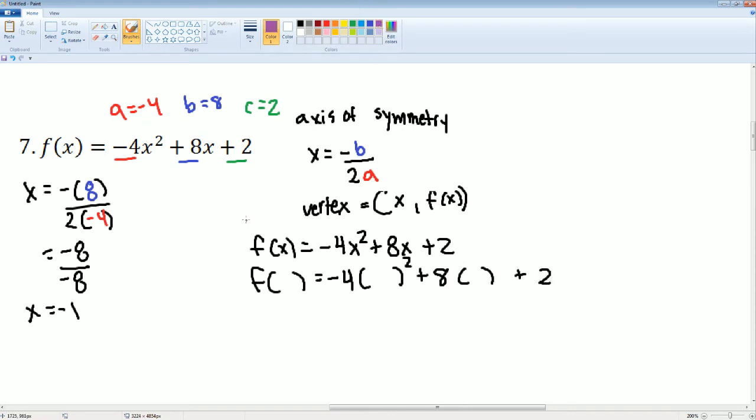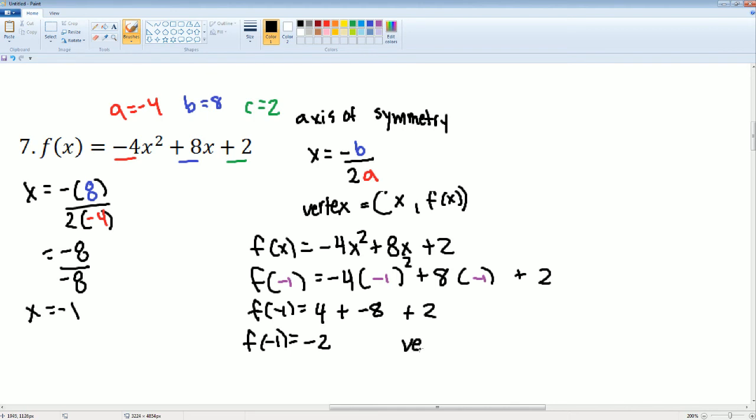And I know that x is equal to what here? Negative 1. So negative 1, negative 1. Okay. Now we can simplify. F of negative 1 is equal to negative 4 times negative 1 just becomes a 4 plus 8 times negative 1 becomes a what? Negative 8 plus 2. Okay. 4 plus negative 8 plus 2 becomes negative 2.